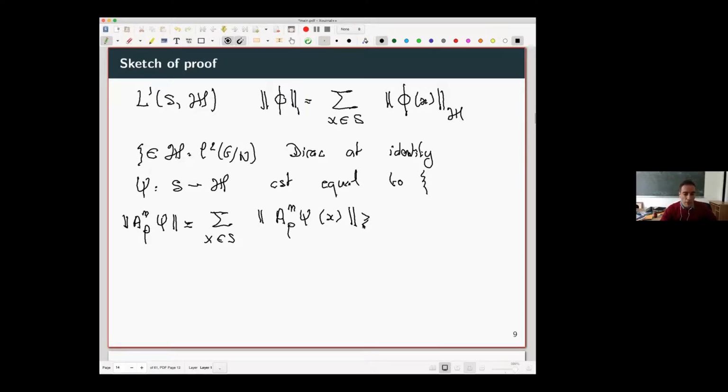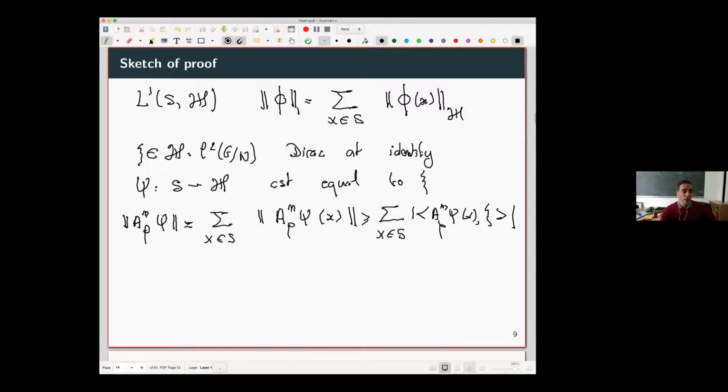And this is definitely larger than the sum over all x of the absolute value of the scalar product of A rho to the n psi at x with xi. So what I have written here, if you think of an element in H as a function from G mod n to R, the L2 norm of such a function is always larger than the value it takes at the identity.